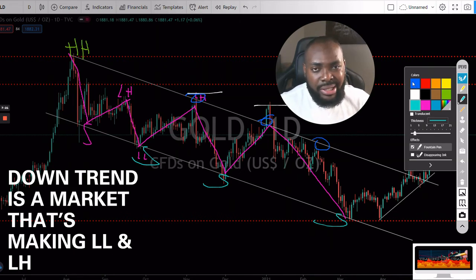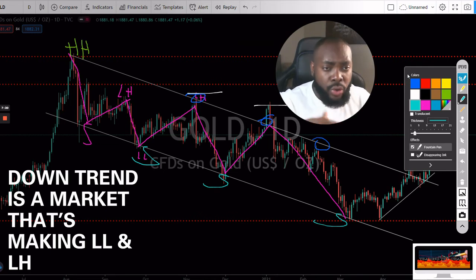So quick summary, this is what a downtrending market looks like. If you like to trade this market, go out, find stocks that are in a downtrend and identify the pattern. Go out, take advantage of the pattern until this market is no longer in a downtrend.